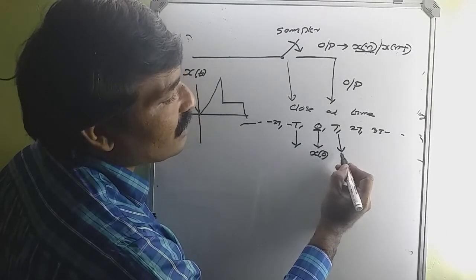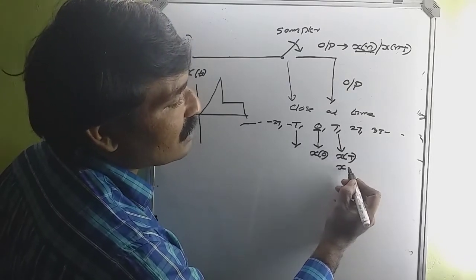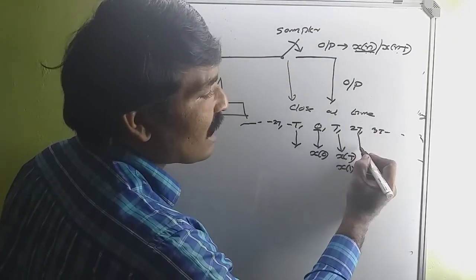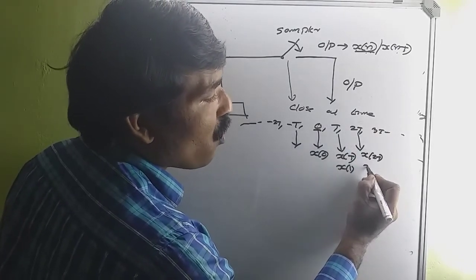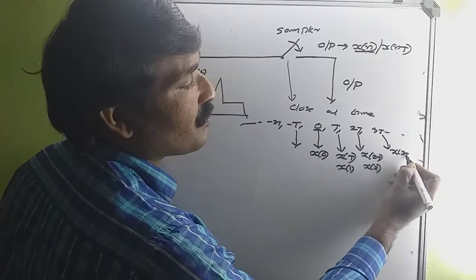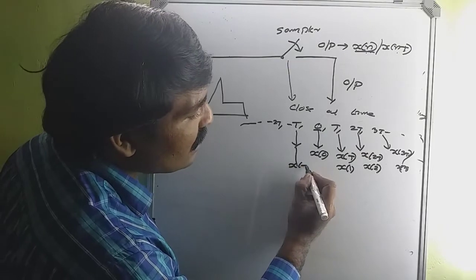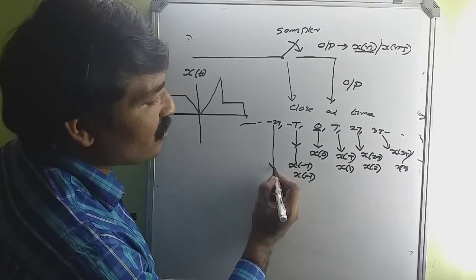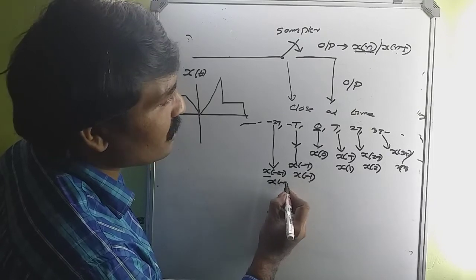At t equal to T, it is given by x of T, or for uniform sampling, the number sequence x of 1. At 2T, it is x of 2T or x of 2. Then here x of 3T or x of 3. This is x of minus T or x of minus 1, and this is x of minus 2T or x of minus 2.